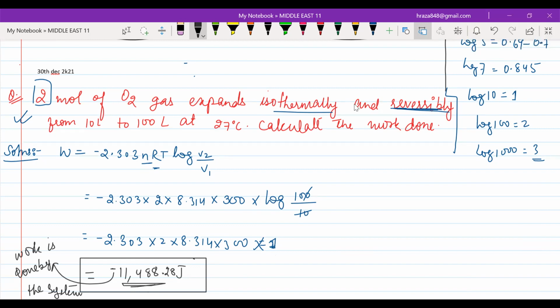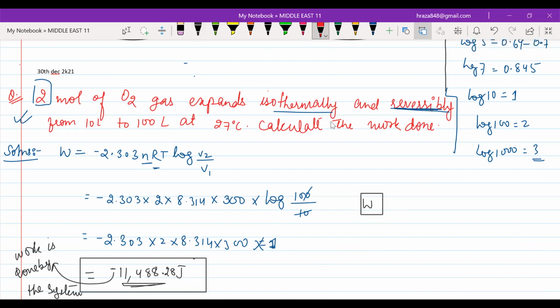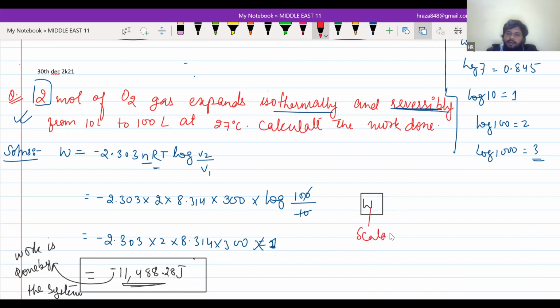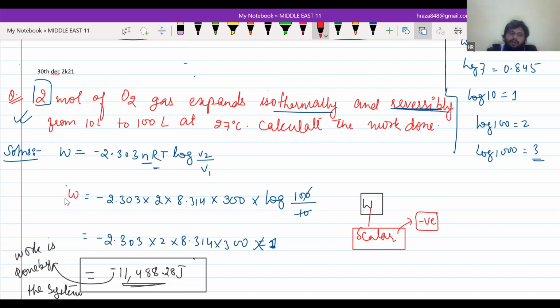What I asked is, work done is a scalar or vector? Sir, scalar. And if you are saying it is a scalar quantity, can a scalar quantity be negative or not? No, sir. A scalar quantity cannot be negative, but here work done is negative.